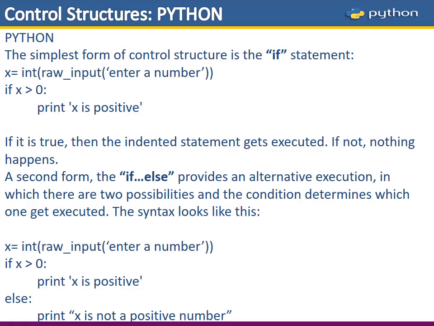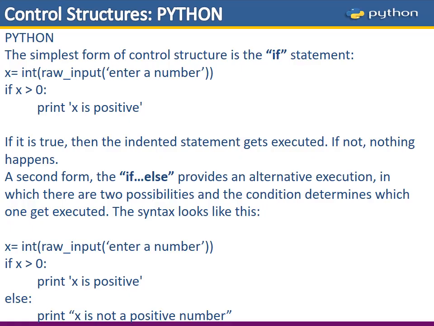Let's see the second form of the conditional statement under the selection control structure. The first one is the if statement, and the second form is the if else statement.